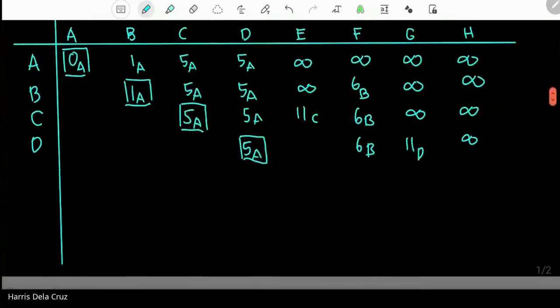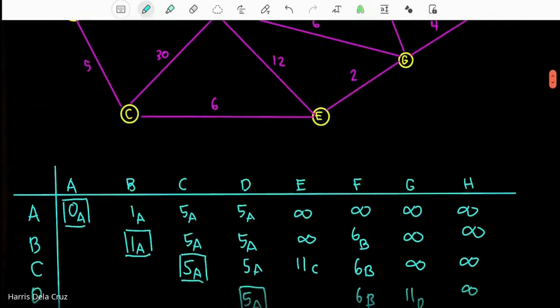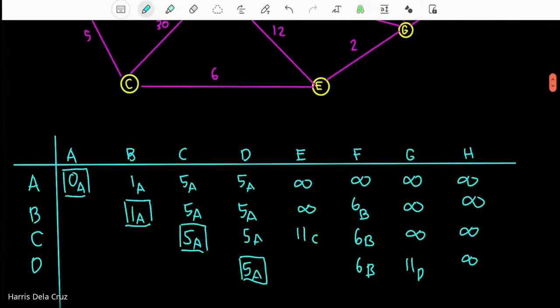But 17 is bigger than the current temporary label of E. So we're going to retain this label of E, which is 11C. So as always, when the current temporary label of a vertex is smaller, we will retain that temporary label and just disregard the label given from that iteration.